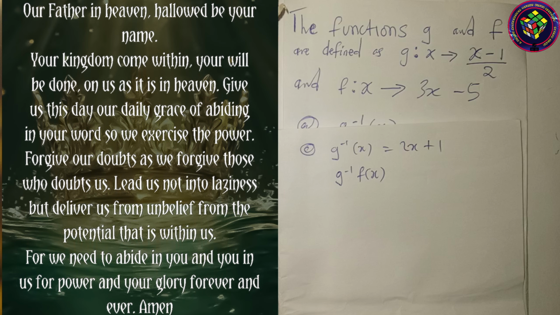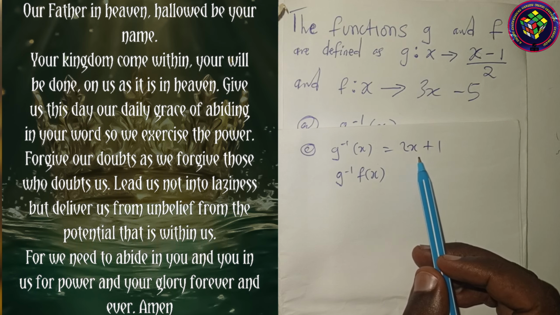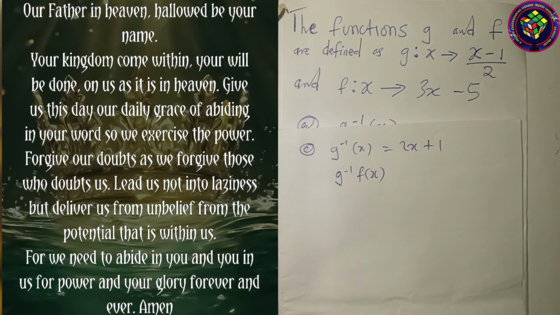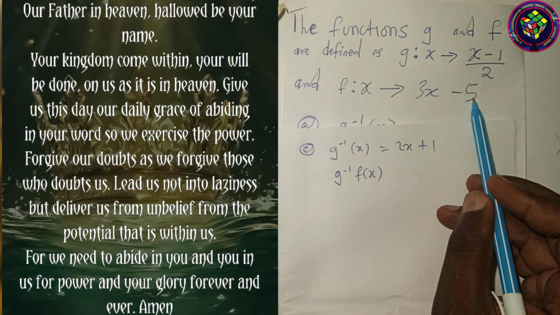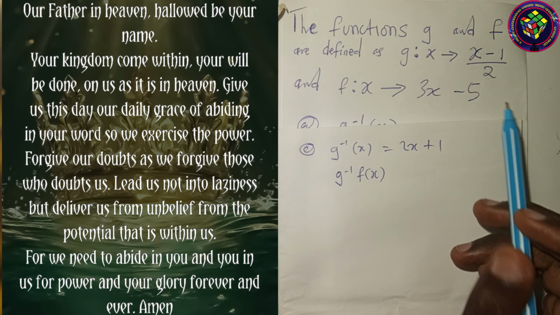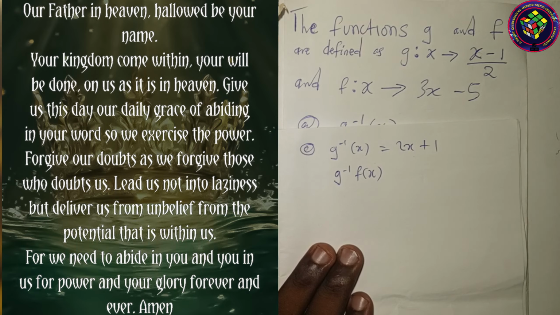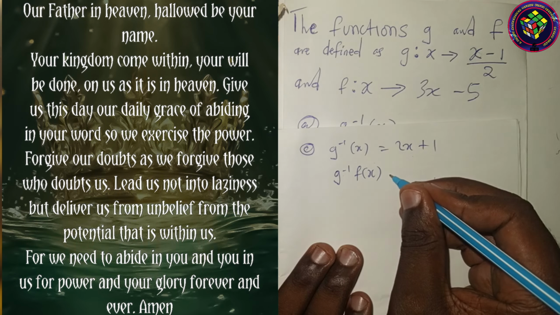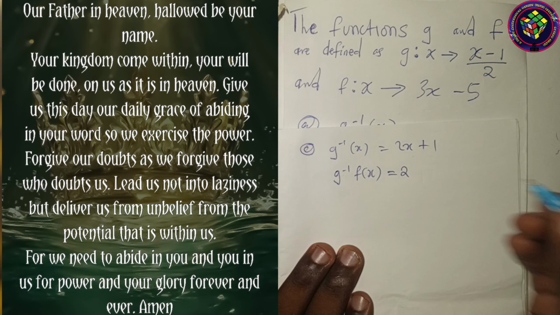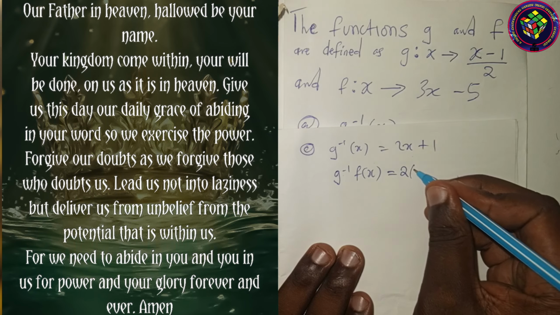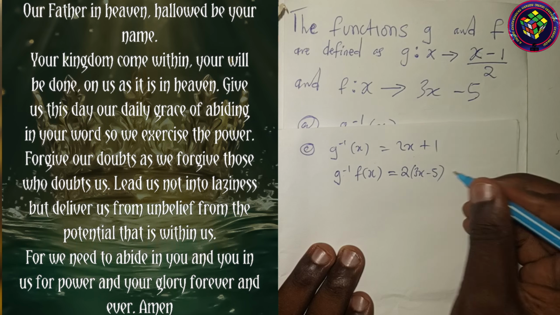Now this is our g inverse of x, that is 2x plus 1. Now g inverse of f of x, where there is x, we are going to put f of x, and f of x, we know that it is 3x minus 5. So where there is x, we'll put 3x minus 5. So say g inverse of f of x is equal to 2, then where there is x, we have 3x minus 5, then plus 1.